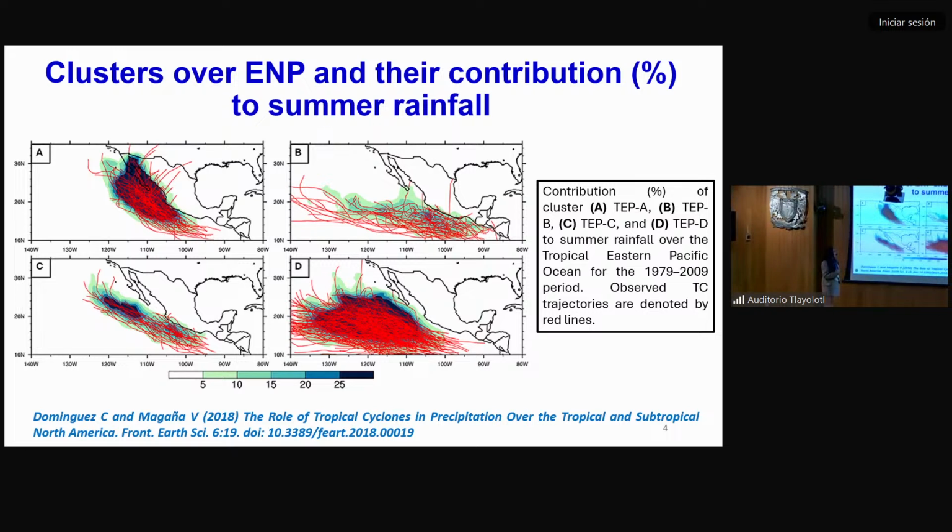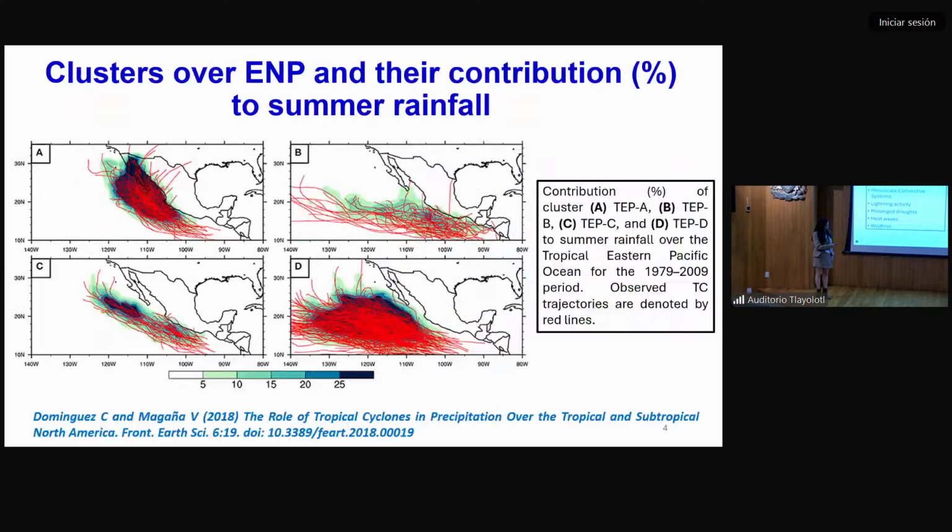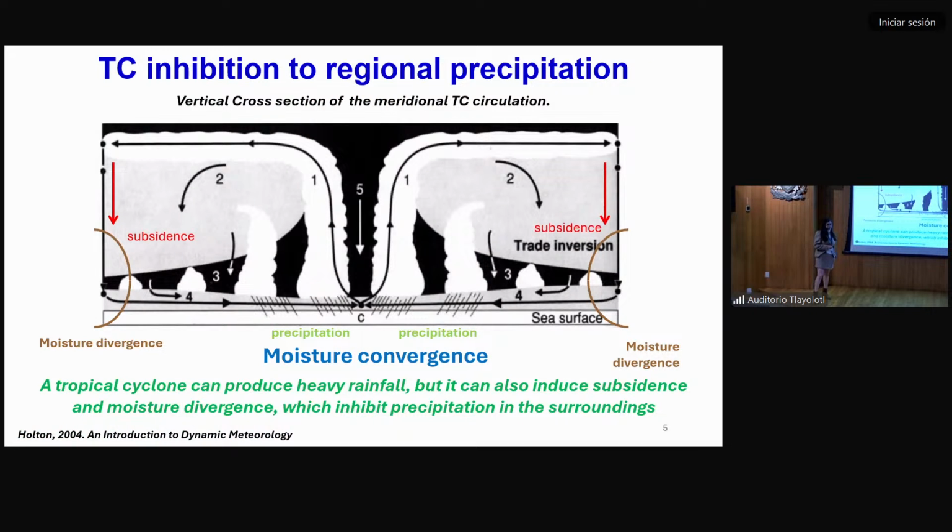We have also other types of tropical cyclone tracks that are important for the tropical Pacific, but most people think that tropical cyclones only produce extreme precipitation, and that's not right, because they can also produce moisture divergence and subsidence.